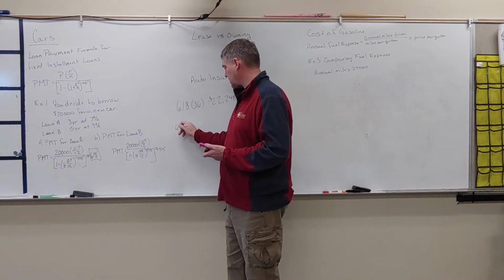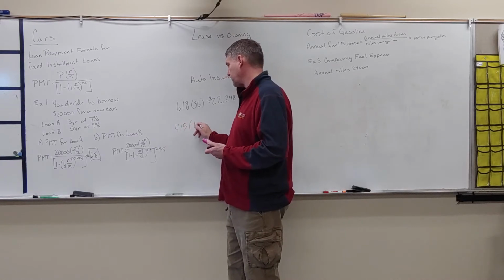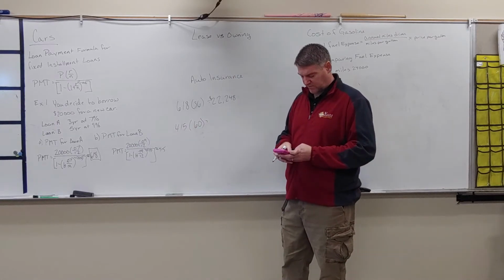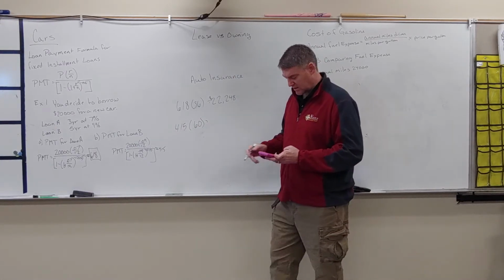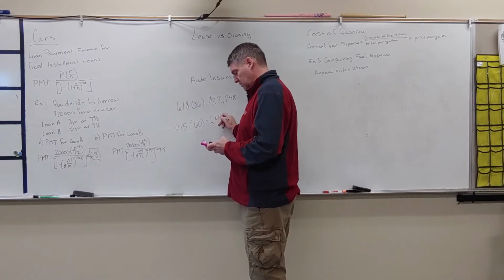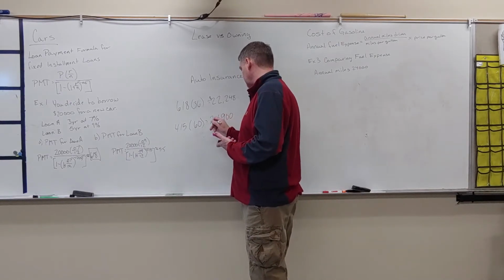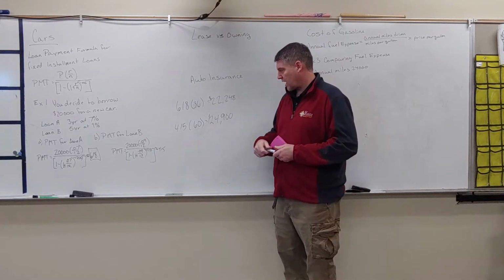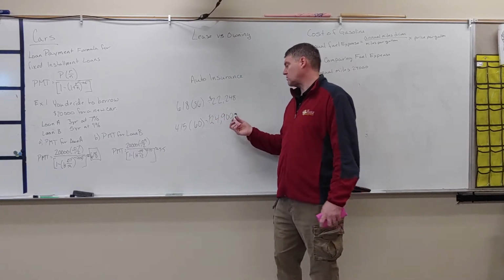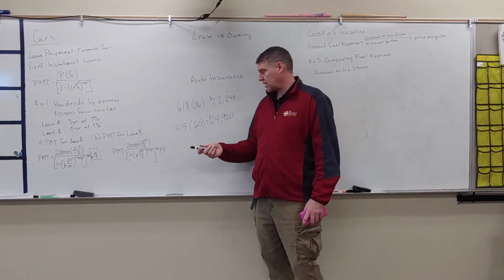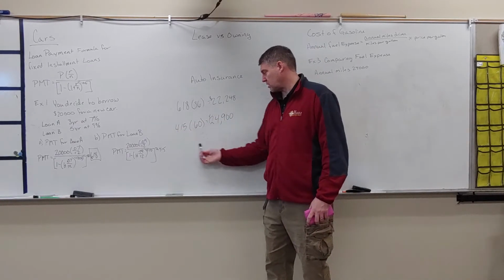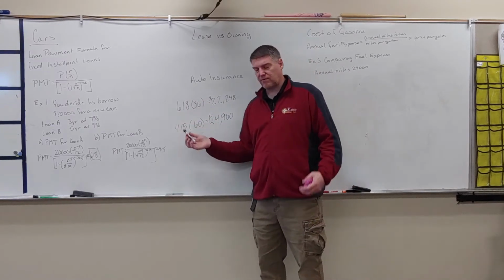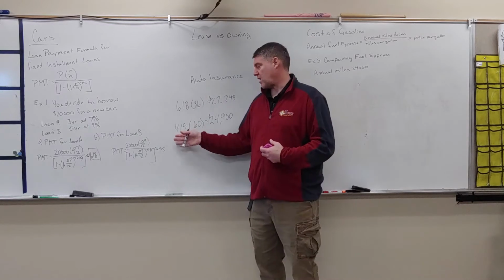Now if I look at the other one, I have to take 415 times 60, which is equal to $24,900. And so on the second one, option B, we're paying $4,900 in interest. You can see that the longer term costs more in total, but it does offer a lower amount per month.